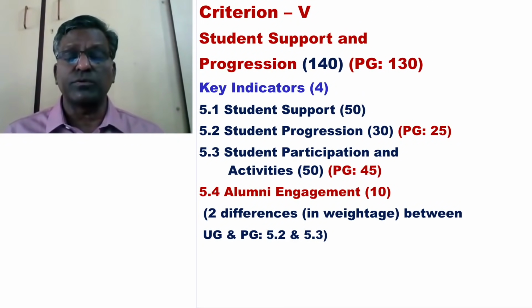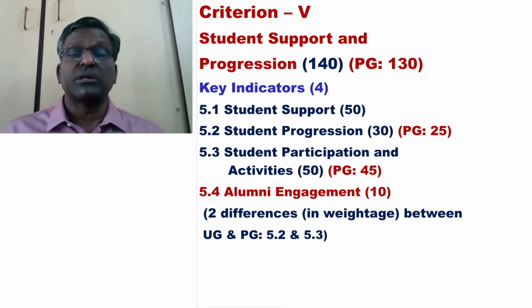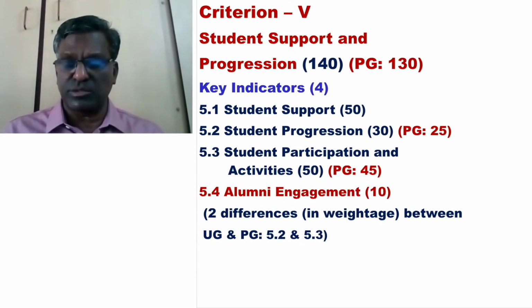And 5.4, alumni engagement, the contribution of the alumni to their alma mater, both in kind and in cash. So this is criterion 5, student support and progression, and there are minor differences between UG and PG institutions.